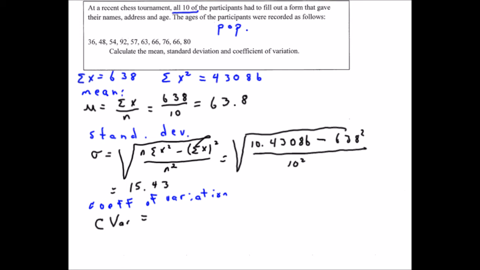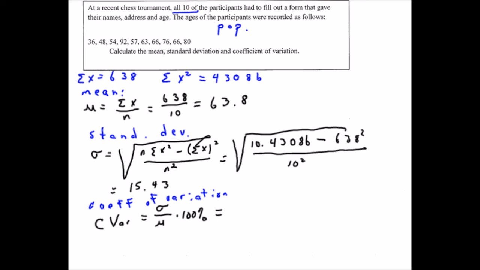Its formula for population, sigma over mu times 100%, because it is a percentage of variation and allows you to compare different data sets.